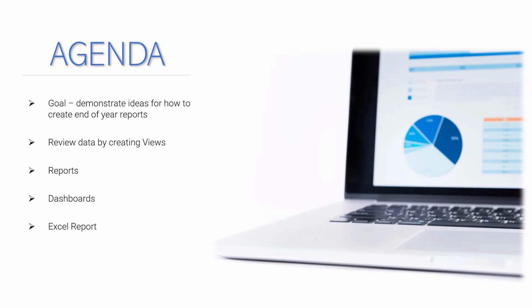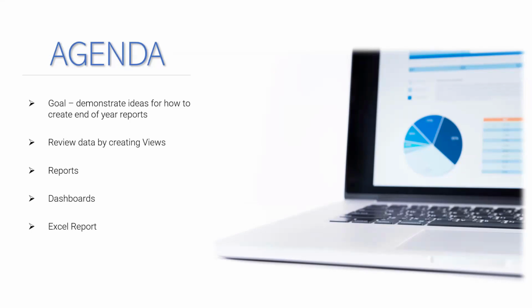First, we'll learn a technique where you review the data in the module where you want to do the report, so that before you actually create the report, you know what data you should be getting out of it by creating your filters or your views, okay?